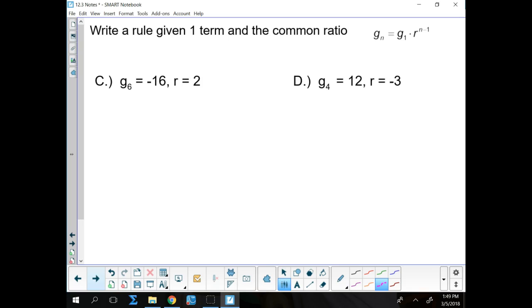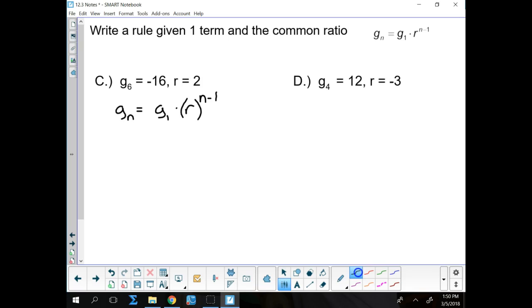I need the first term, and I need the r value. Do I have one of those? Which one? r. But I don't have the first term. So that means I've got to find it. So I'm going to utilize my rule. g sub n is going to equal g sub 1 times r to the n minus 1 power.